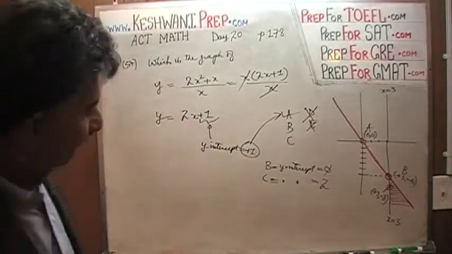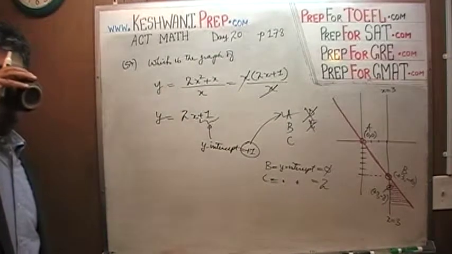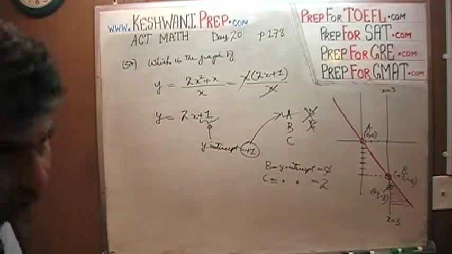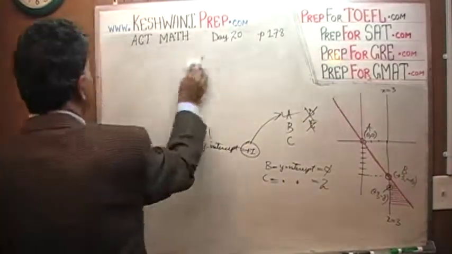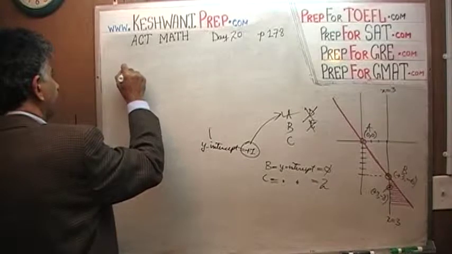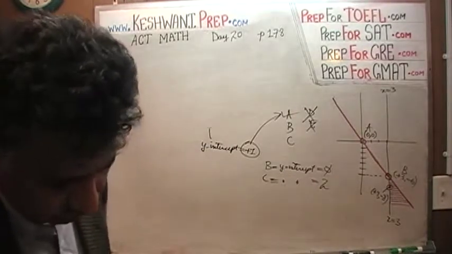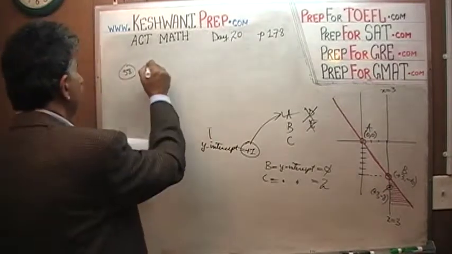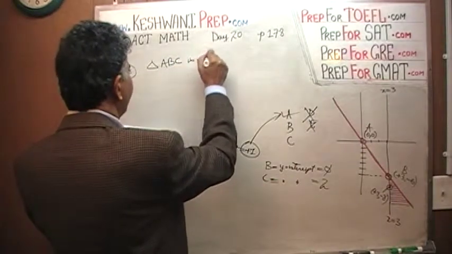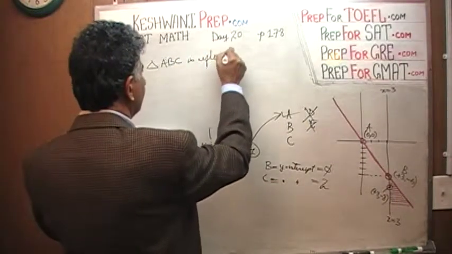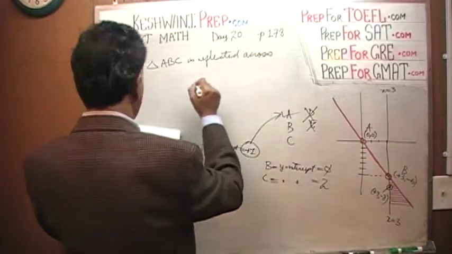Let's go on then. Next one, number 58. In number 58, we are told that we have a triangle ABC, which is reflected across the x-axis.